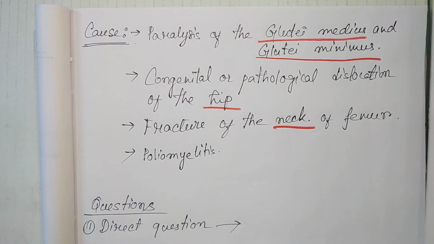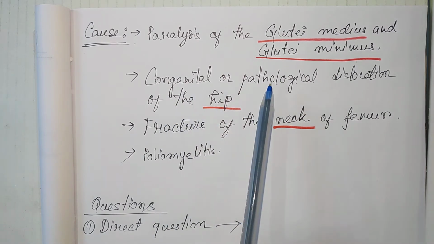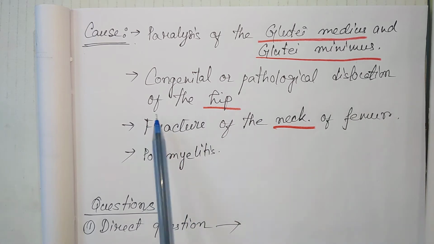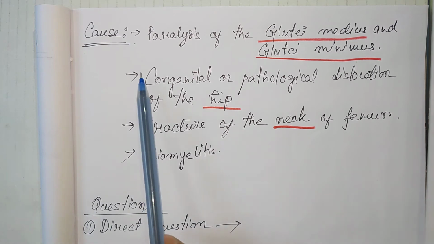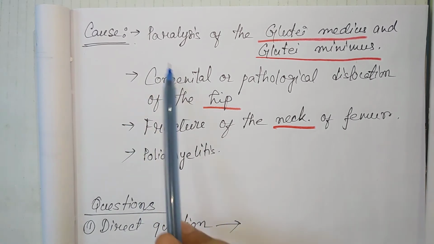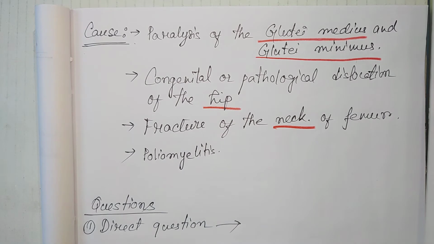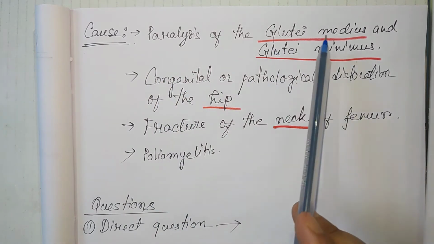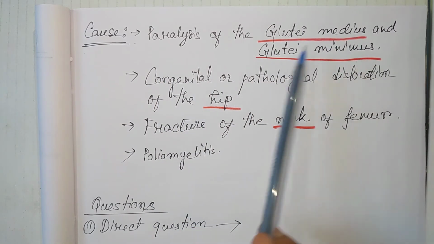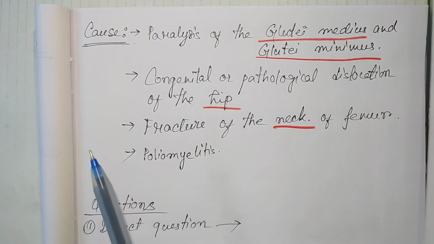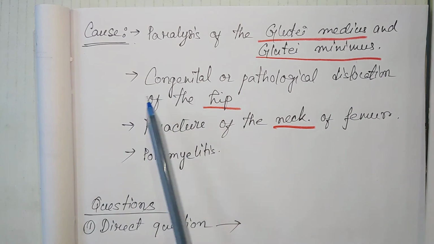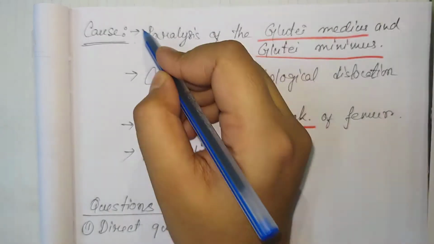Okay, other causes are congenital and pathological dislocation of the hip, fracture of the neck of the femur, poliomyelitis. Okay, they don't give you these causes in your examination. You just have to remember paralysis of the gluteus medius and the gluteus minimus muscle. But if a short note comes, which is very uncommon, then you can add these points. But most important point is this one.